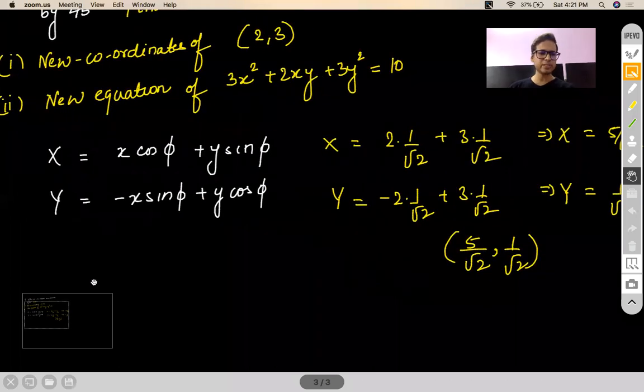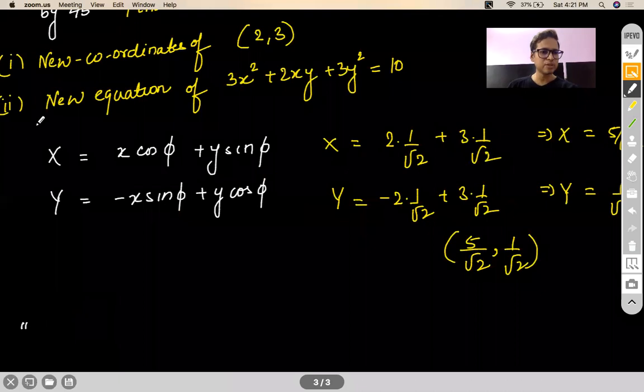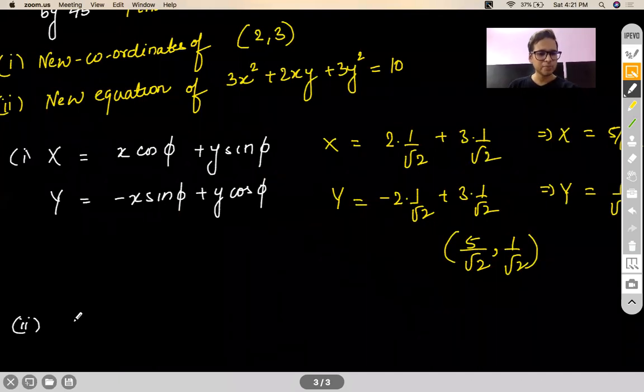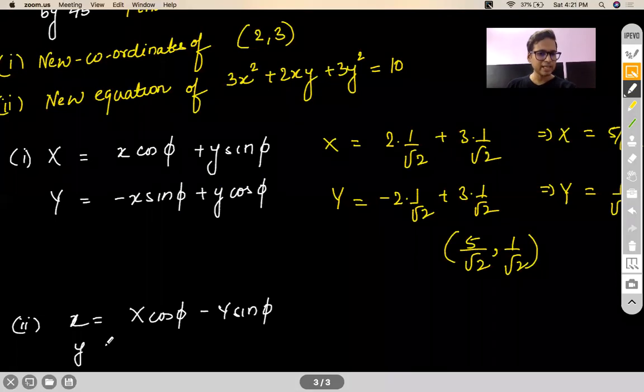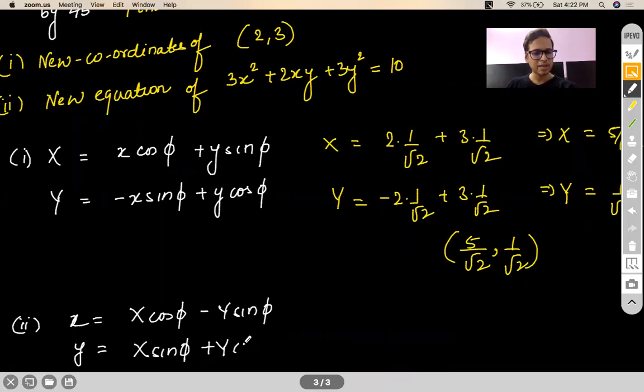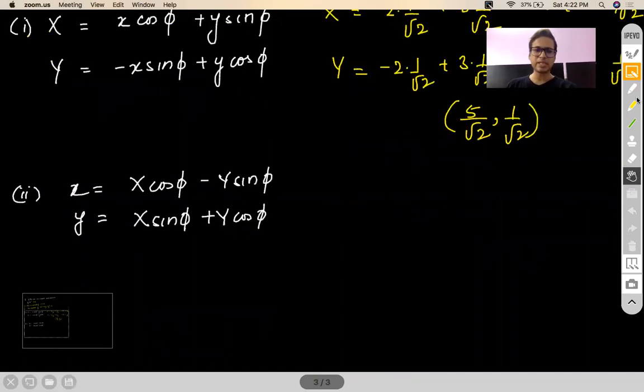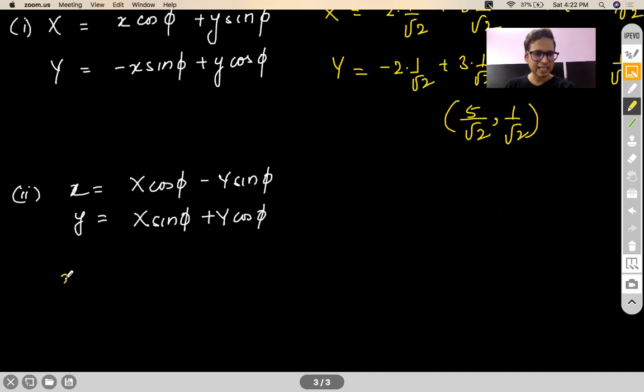So for the new equation, the formula that would be useful is your small x is capital X cos phi minus capital Y sin phi, and small y is capital X sin phi plus capital Y cos phi. Correct? That means you can write your small x as capital X by root 2 minus capital Y by root 2.